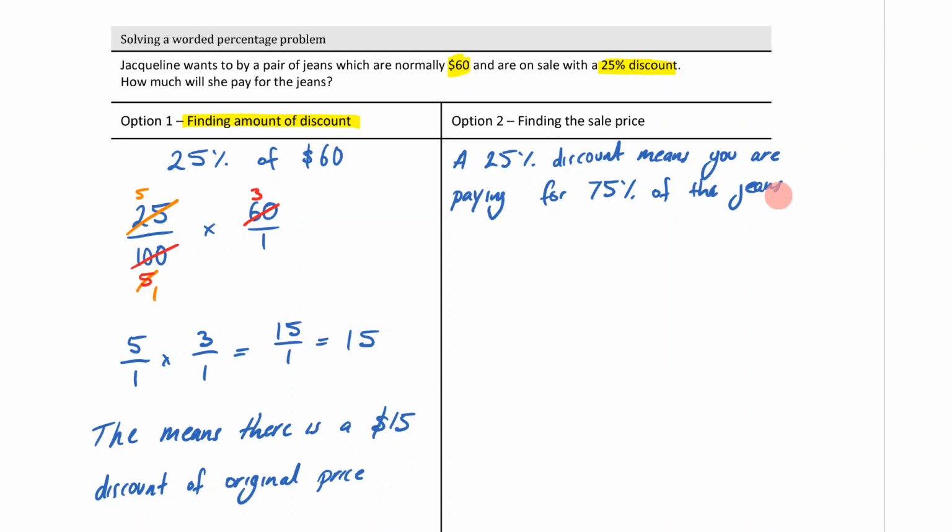So in other words, you're getting a 25% discount. So normally you pay full price, which is 100%. But now they're saying, you know what? We're going to take off 25% of that, which means you're paying 75%.